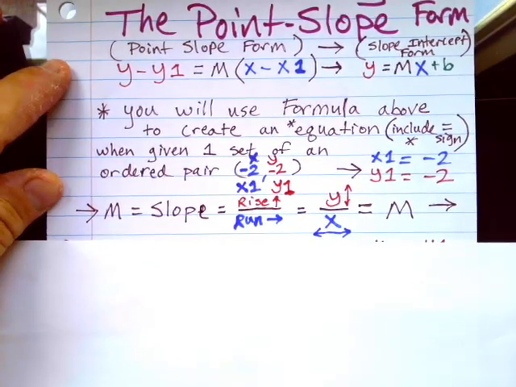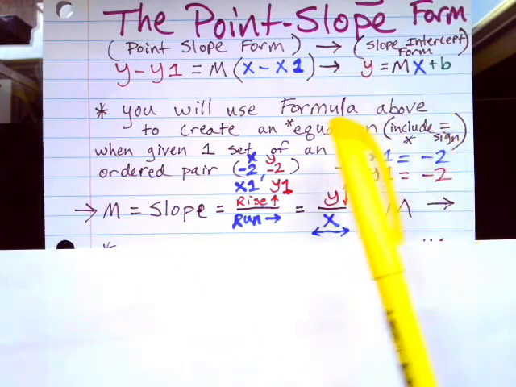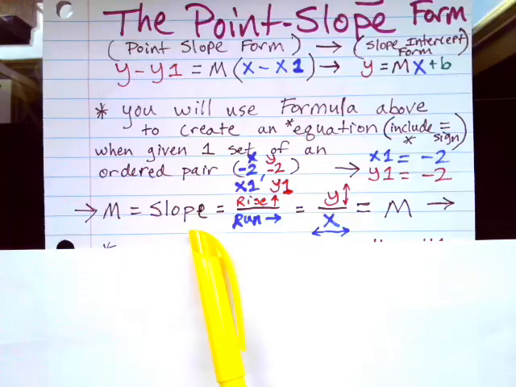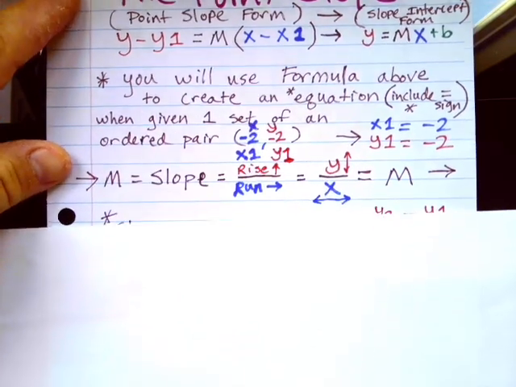So again, to review, the m in slope-intercept form and point slope form is your slope. Rise over run, y over x, that represents our m value.